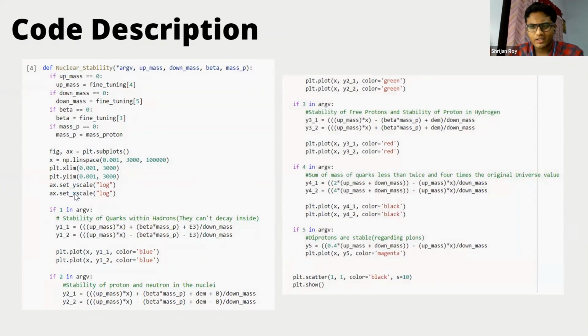There is another function in the code we made: if the user doesn't want to plot these figures, but instead wants this constraint, so if the user puts just the up quark mass, beta, and the down mass, the value of this down mass shall be there in the output. So yeah, that's also one of the functions we had made, but we didn't present that here. That was too easy.